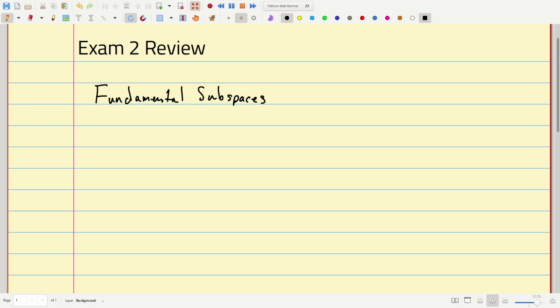Or at least in row echelon form, but I think reduced row echelon form is a better way to go. If you identify the pivot columns, then you take the pivot columns from the original matrix as the basis for the column space, and the rows that you are left with in reduced row echelon form are the basis for the row space.